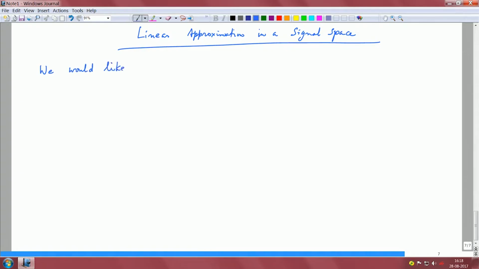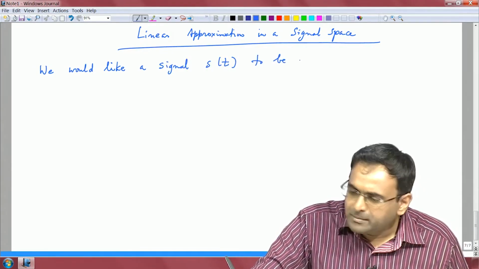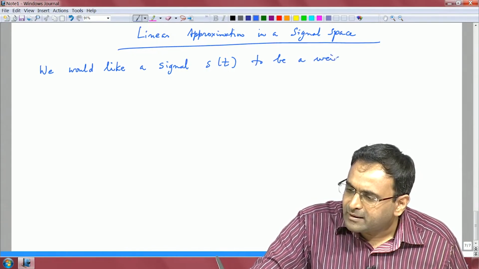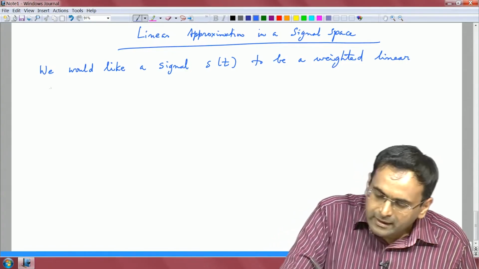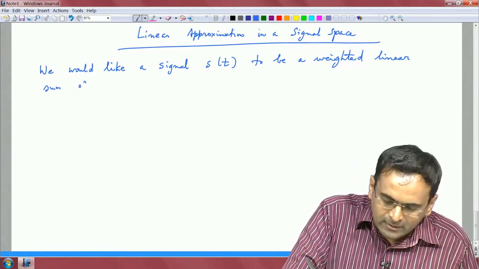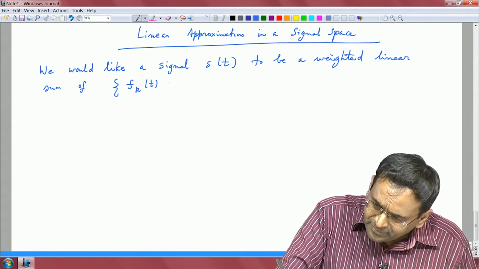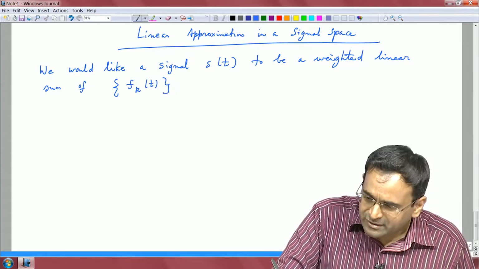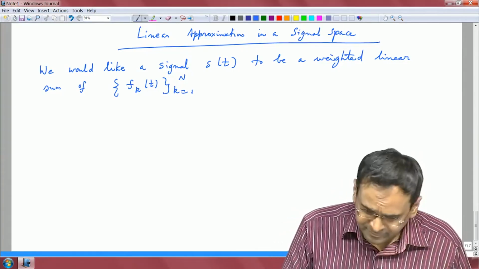we would like a signal S of t to be a weighted linear sum of some basis signals, n basis signals k equals 1 to n.